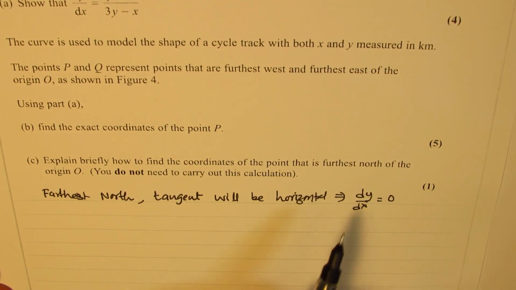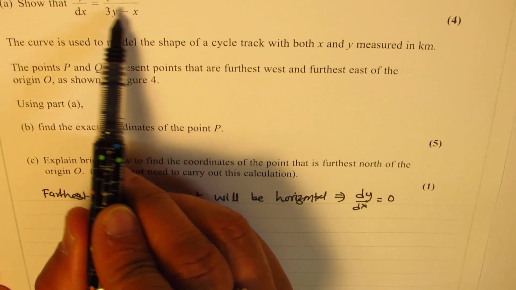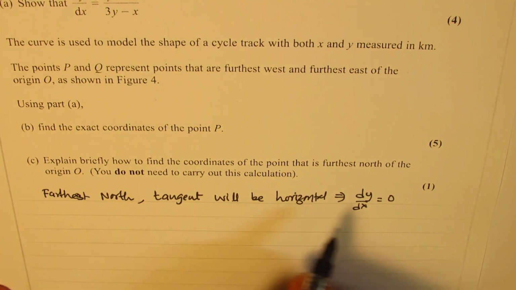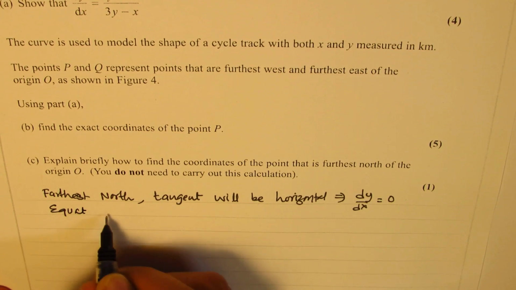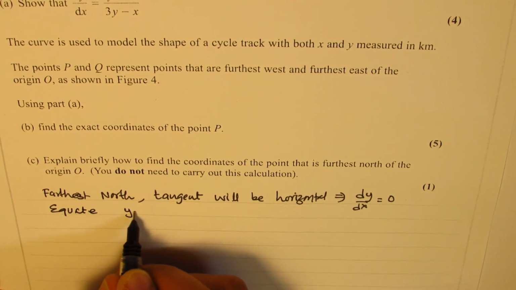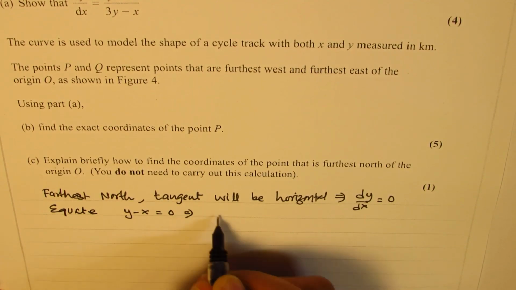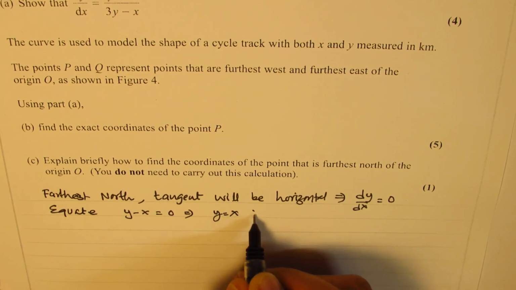Correct? So we found that dy/dx is y minus x. So in that case, you equate y minus x to 0. That gives you y equals x.